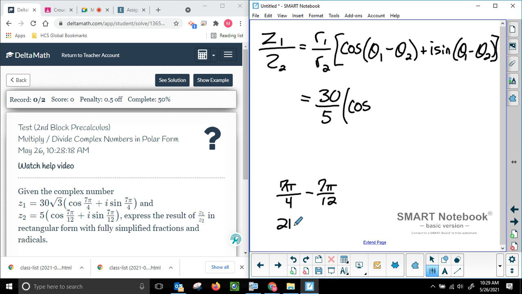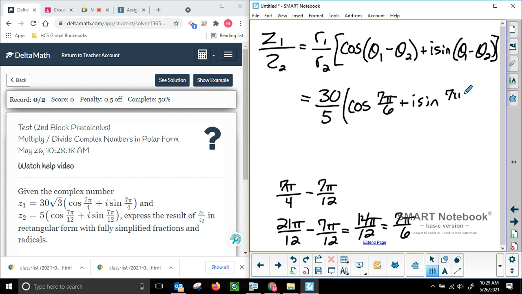So this will be 21 pi over 12 minus 7 pi over 12, which will be 14 pi over 12, which reduces to 7 pi over 6. So here we will have cosine of 7 pi over 6 plus i times the sine of 7 pi over 6. Now, 30 over 5, of course, is just 6.